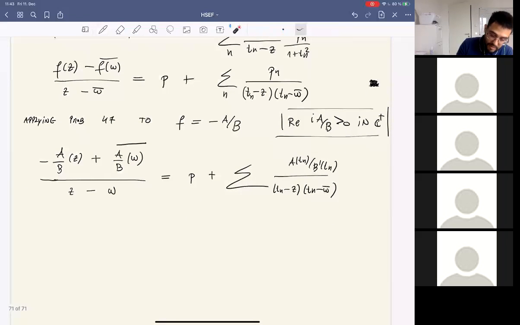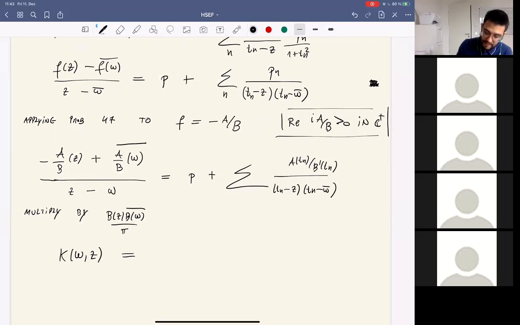And then if you just multiply by B of Z bar, B of W bar, those sides, on the left-hand side, and you divide by pi, then you get exactly the reproducing kernel on the left.